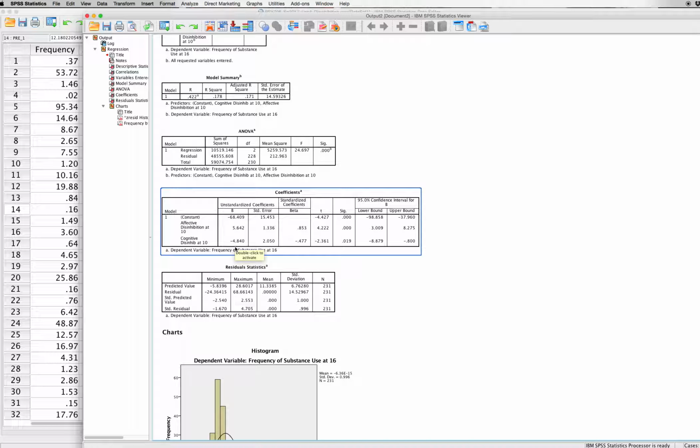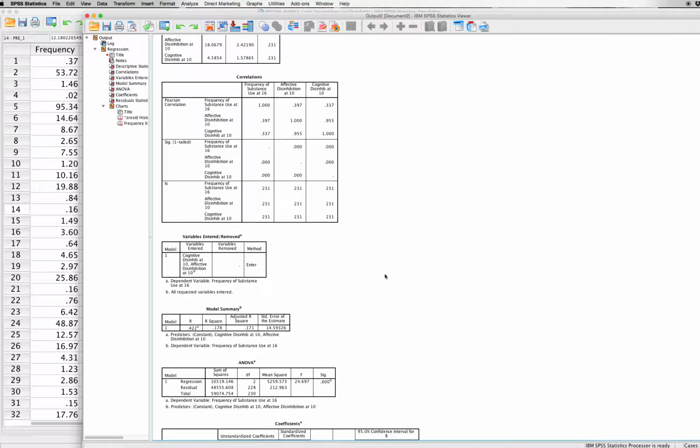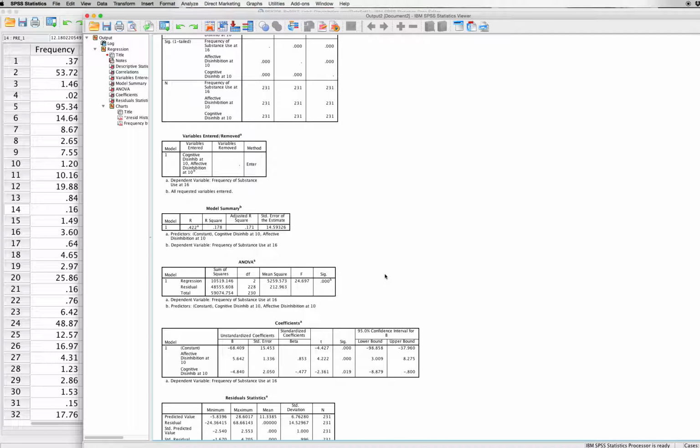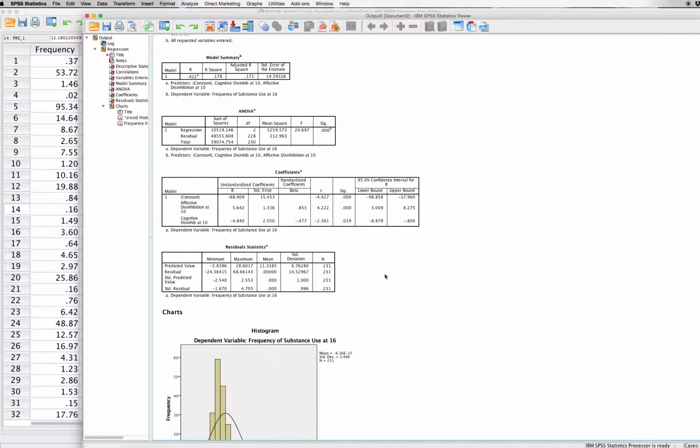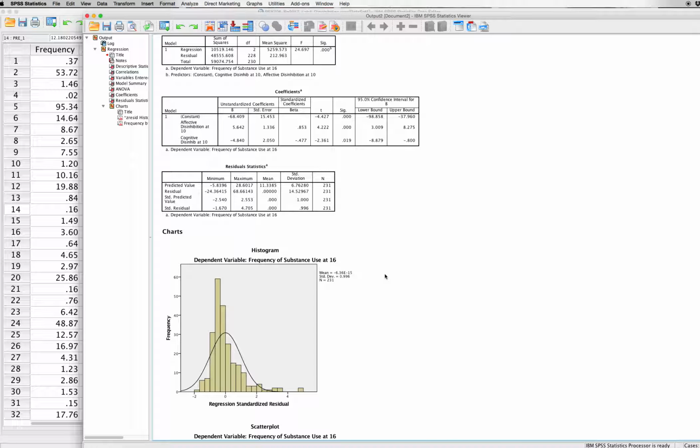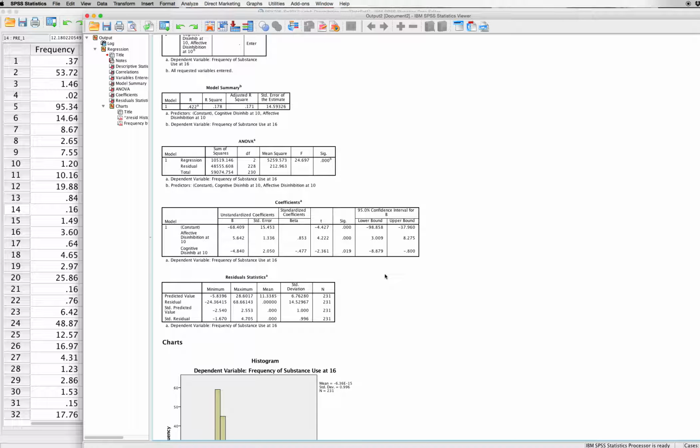These values are negative, so you would talk about a decrease rather than an increase. You would talk about each one of those, and this is how you would report your multiple simultaneous regression. The only thing is, when you have more than one IV, you want to have a summary at the end once you talk about all the statistics.